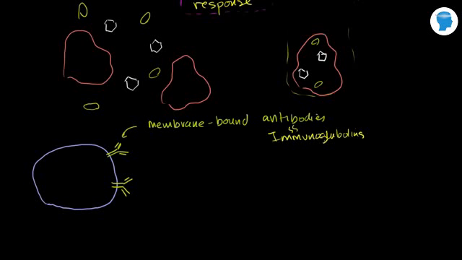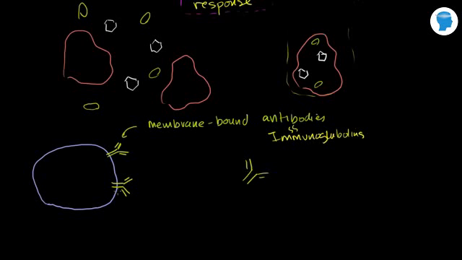Antibodies are immunoglobulins, and they're really just proteins. Now, B cells have these on the surface of their membranes. These are membrane bound. Usually when people talk about antibodies, they're talking about free antibodies that are just floating around like that. And I'm going to go into more detail on how those are produced.